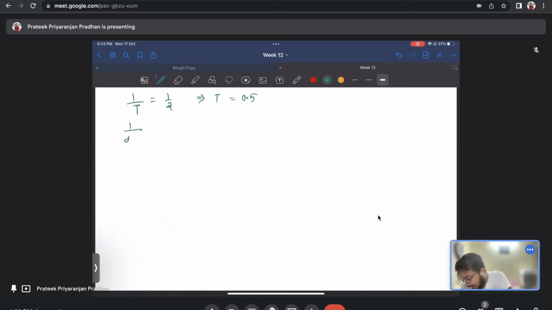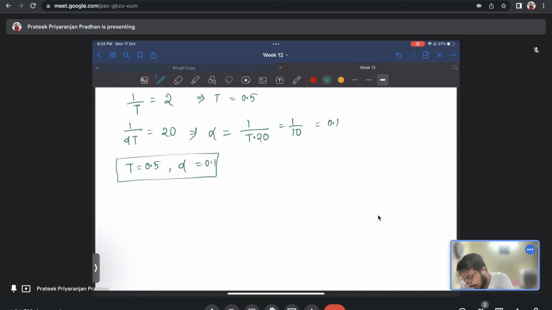And 1 by alpha t is 20, so alpha is 1 by (t times 20), which is 1 by 10, equal to 0.1. So t is equal to 0.5 and alpha is equal to 0.1. This we have calculated.